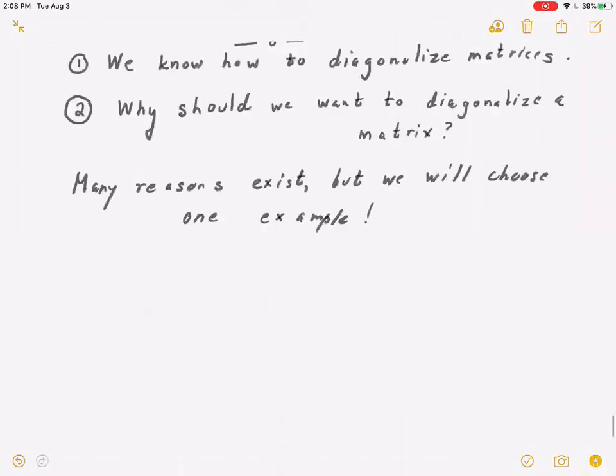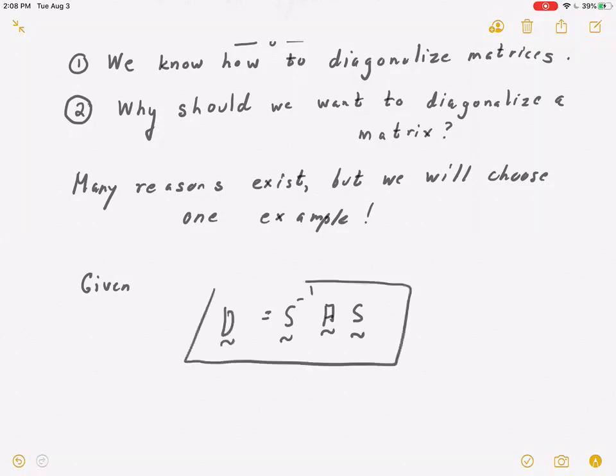Okay, so you're given this important relationship that my matrix A, if it's diagonalizable, in other words, if S, the inverse of S, exists, then you could write down this interesting transformation.